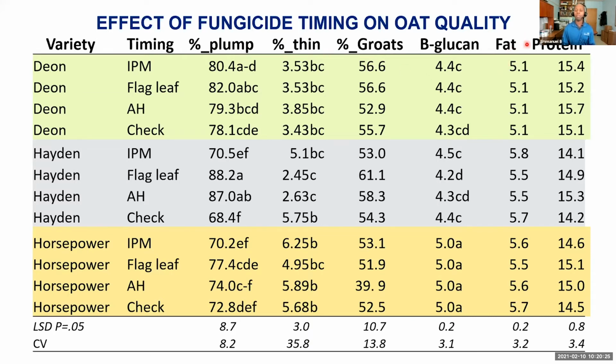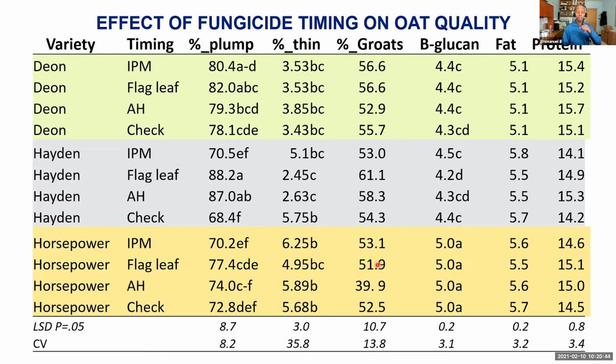We also measured fat content and protein content of the grain. So really the take-home here is that we didn't see an improvement in beta glucan or any effect of a fungicide across the varieties and across the different timings of this fungicide.